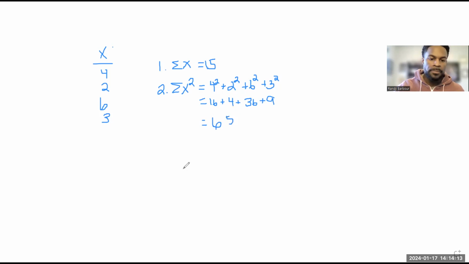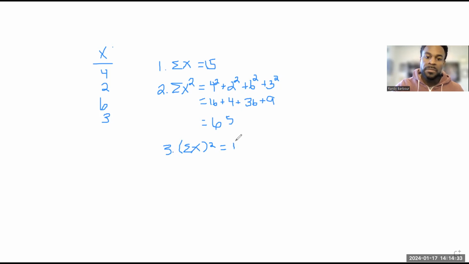All right. Number 3 was opening parentheses and taking the sum of x, and I'm going to square that. Essentially, I'm taking this value, the sum of x, which is 15.